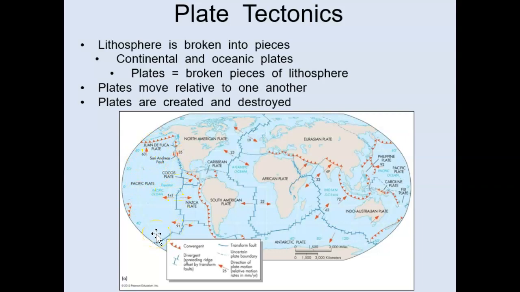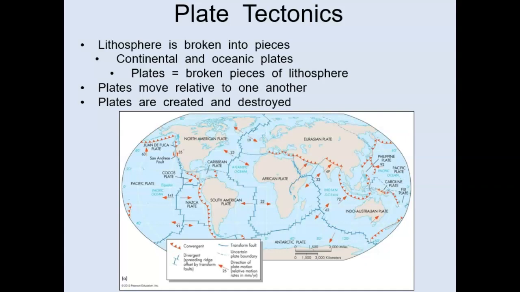Or they can be mostly continental, for example, like the Eurasian plate. Or they can have a mix of both types of material, for example, like the African plate, which is somewhat continental, but has some part oceanic as well. However, the different plates will be mostly oceanic or mostly continental, even though they might have parts of one another.